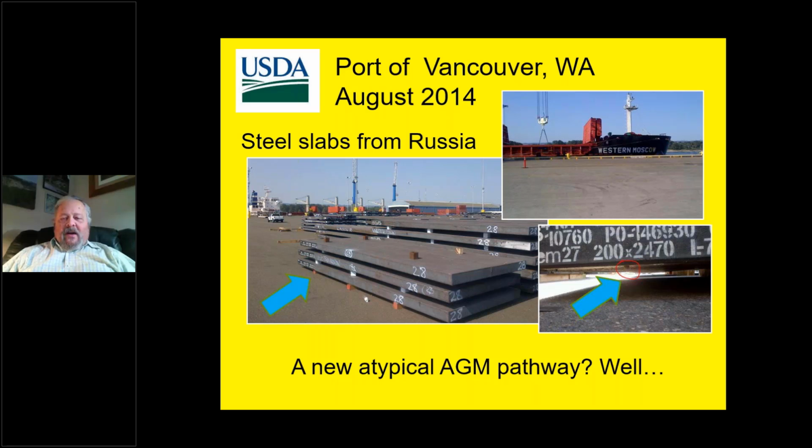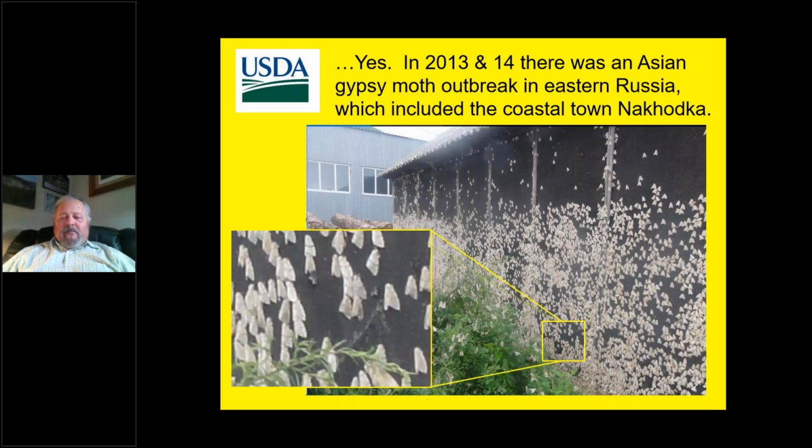In 2013 and 2014, there was an Asian gypsy moth outbreak in eastern Russia, which included the coastal town of Nakata. And apparently what made circumstances unique in that case was the fuel prices for ships were low enough in that coastal town that a number of the vessels from Russia decided they would go up there and get their fuel.